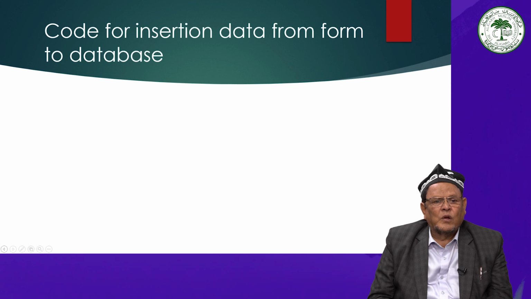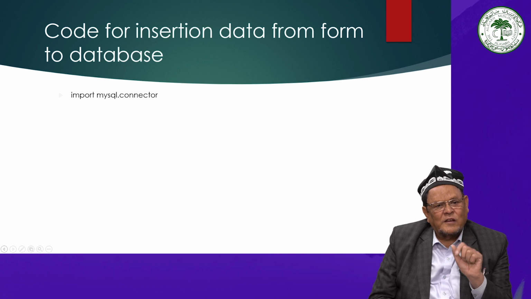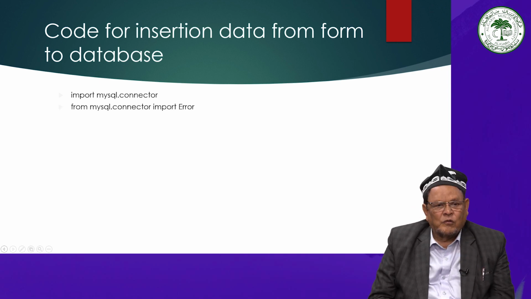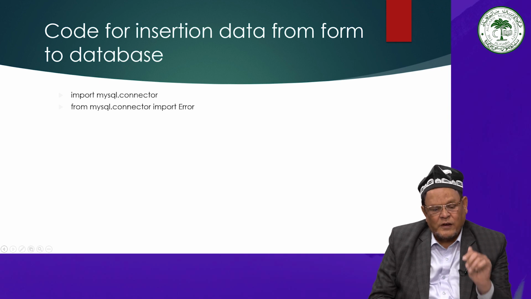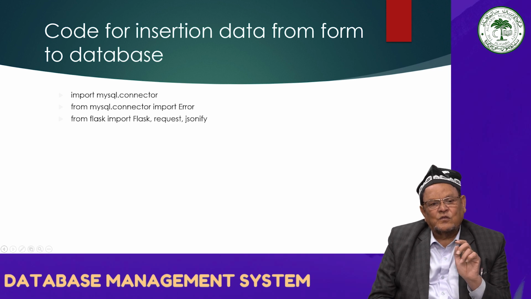from the form to the database. Here, in the same way, you have to import mysql.connector. From mysql.connector, import Error, you have to import Error also. Then from Flask, you have to import Flask, request and jsonify.